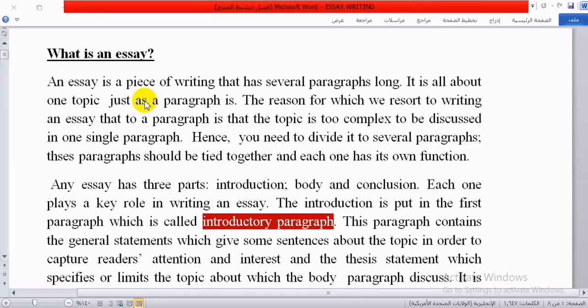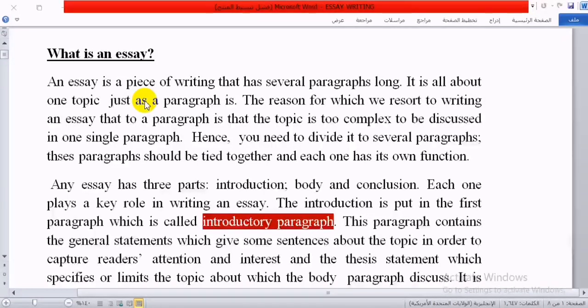Indeed, the reason we resort to writing an essay is that the topic we discuss in the essay is too complex and too long to be covered in a group of sentences. The sentences in a paragraph don't cover the topic.